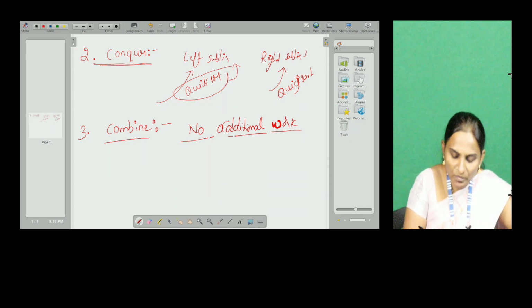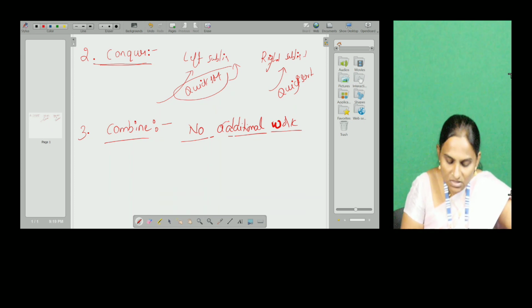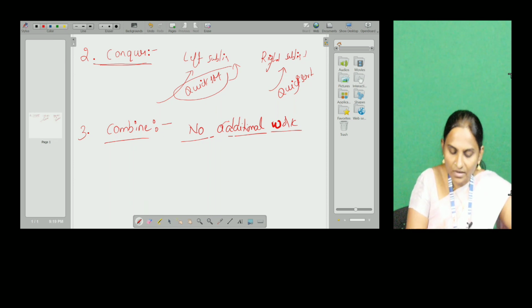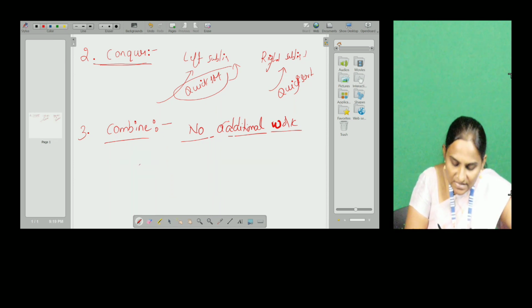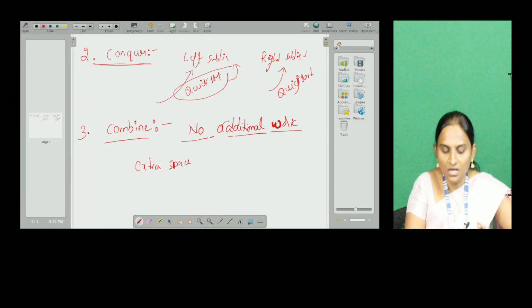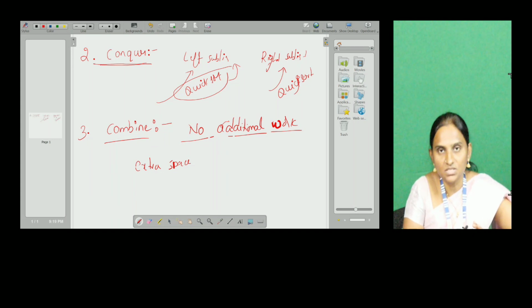But compared to merge sort, for merge sort the combine operation requires extra space to combine all the elements. But in QuickSort, the combine operation requires no extra space and no additional work.